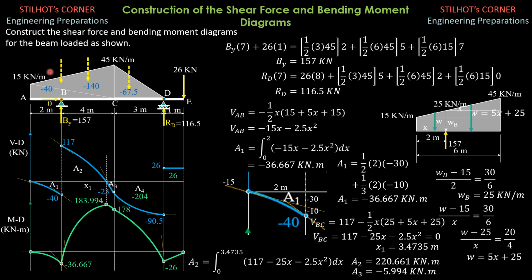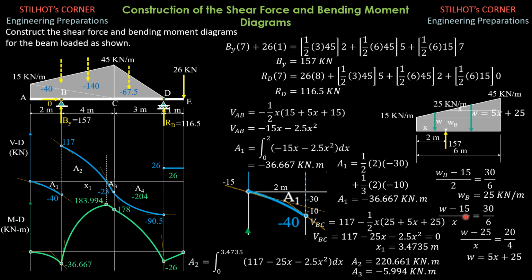First, by defining the shear equation in AB, and I call this W. We have similar triangles here. This is W minus 15, and as to x equals 45 minus 15 is 30 as to 6. So that's why W is equal to this.